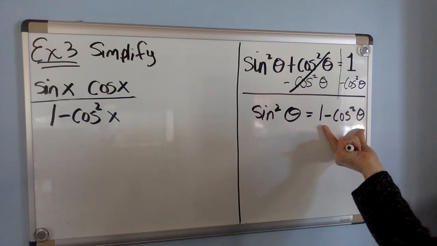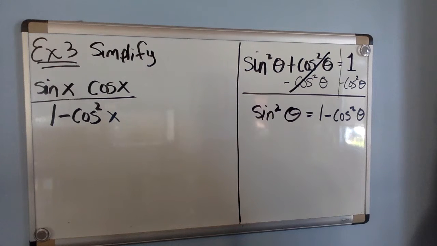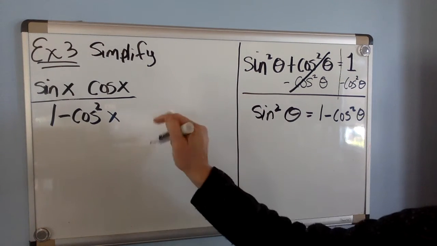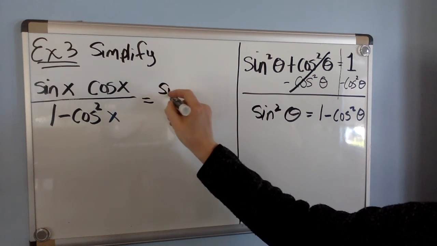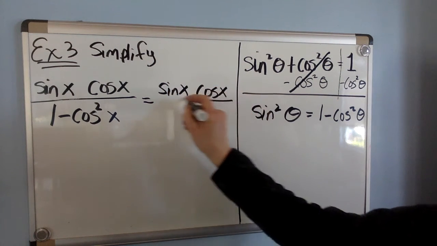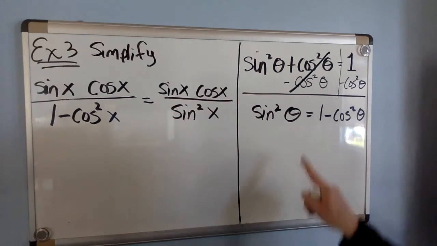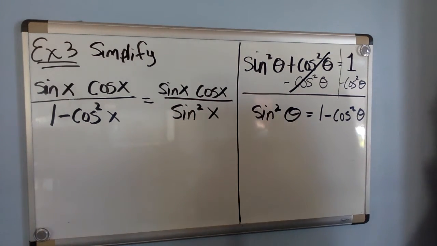So 1 minus the cosine squared of theta is really just another way of saying sine squared theta. So I can replace the denominator with the sine squared of x, in this case, not theta, because x is our angle measure.